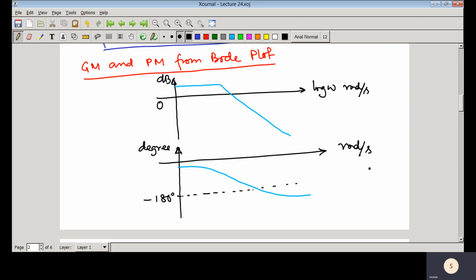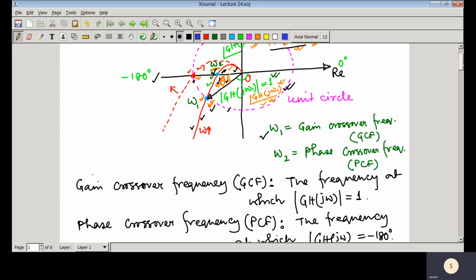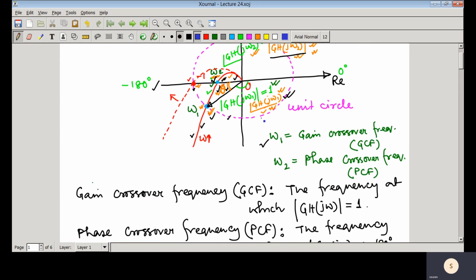And here we can see that this is the point where the magnitude plot crosses the 0 dB line. Crossing the 0 dB line means log 1 equal to 0. That means the gain is equal to 1. We have seen that whenever the plot cuts the unit circle, the gain is equal to 1.